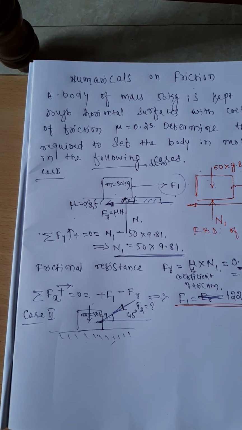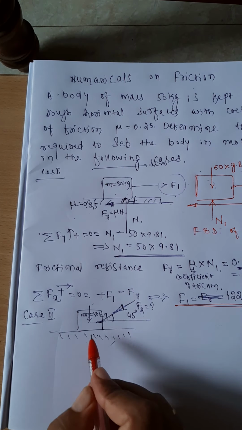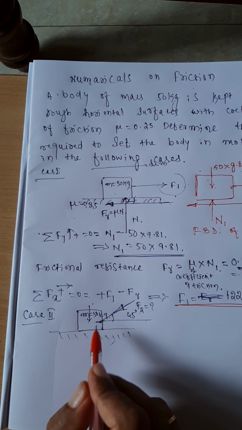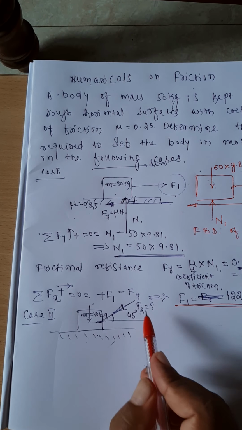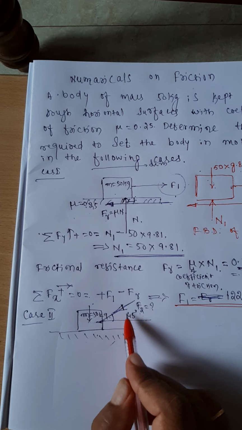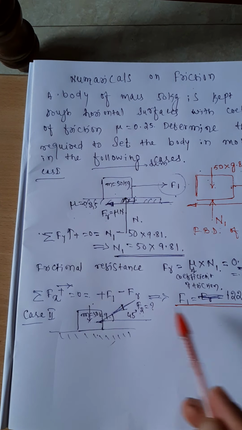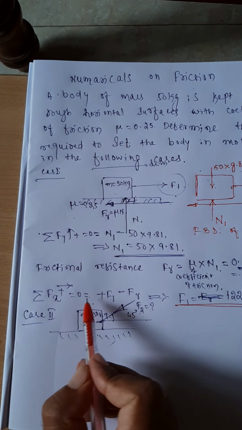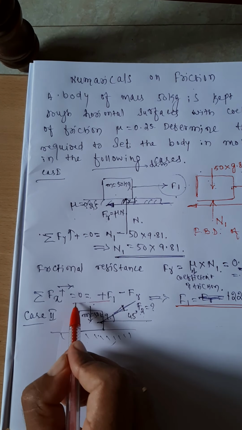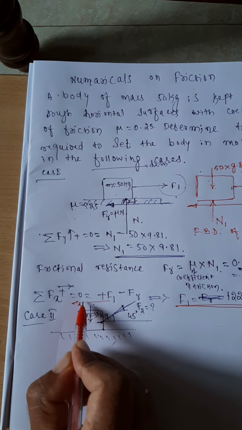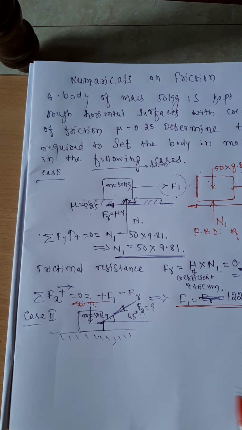So what I told you is how you can solve the problem. The first step is to mark the direction of motion, the way in which this body may move when a force is applied on it. Only one external force is acting in the horizontal direction on the body, that is why the body has a tendency to move like this. The direction of possible motion, the direction of impending motion of the body, is like this.